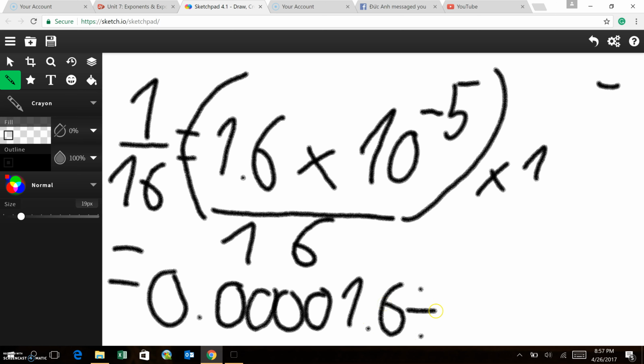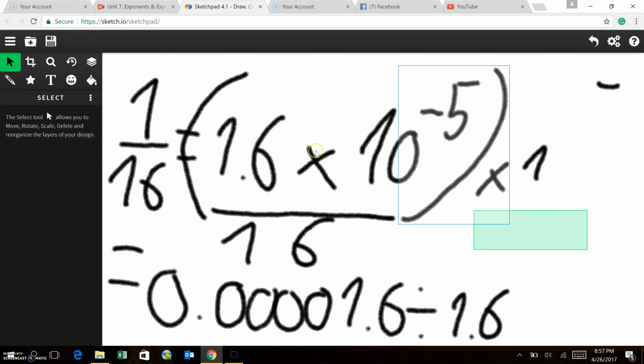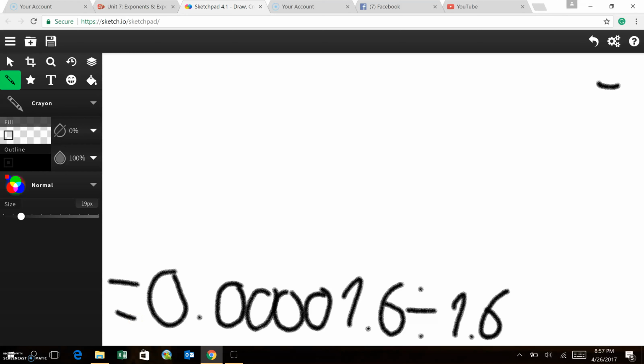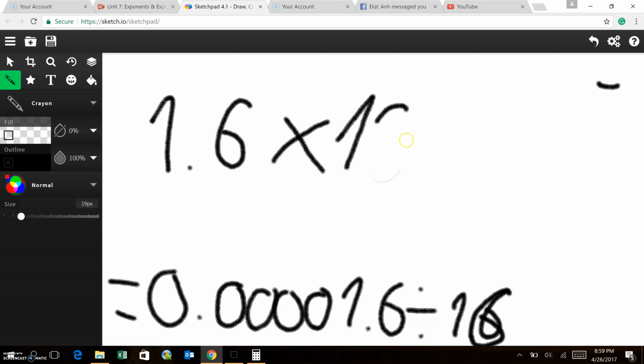So we're just gonna divide that by 16. You can write it in scientific notation, it will be easier to do. So this will equal 1 times 10 to the negative 6 miles.